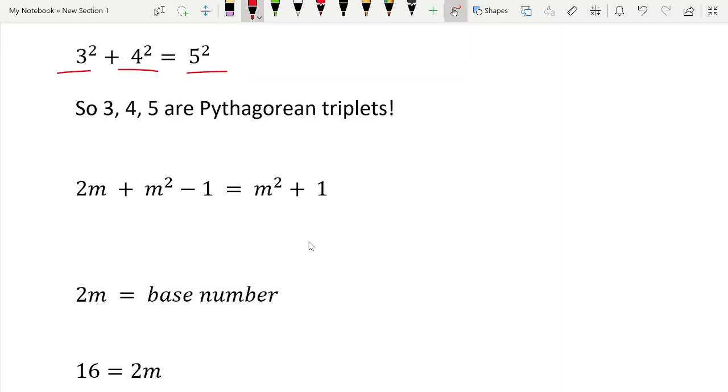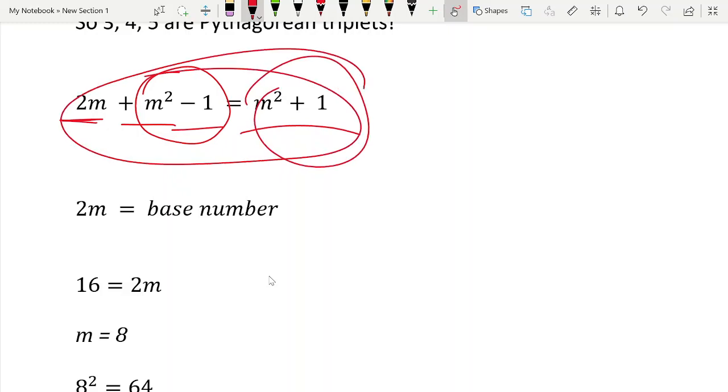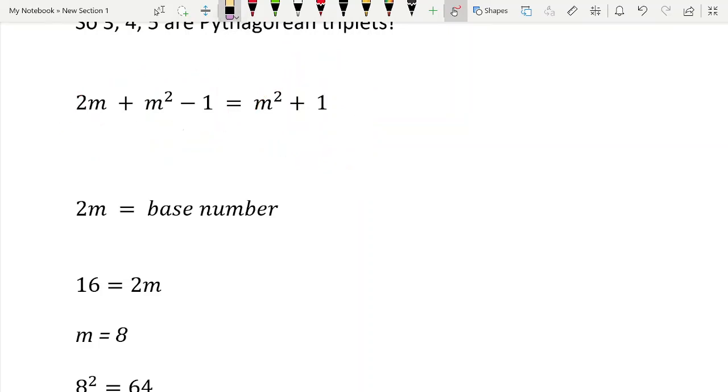If you have one number and you want to figure out the other two numbers that form a triplet, then we've got this formula. 2m is the base number, m square minus 1, and m square plus 1. So basically this one is going to be the second number and this one is going to be the third number. These three together will form a Pythagorean triplet.